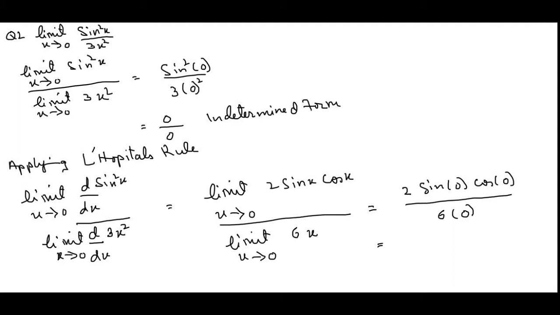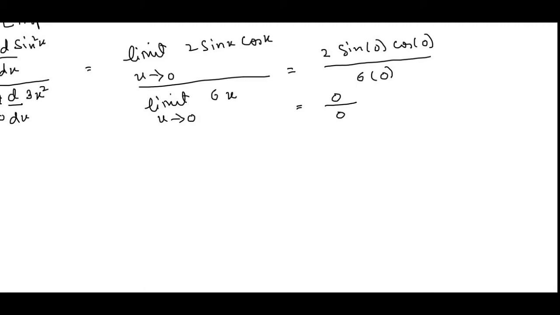So the value of sin 0 is 0 and cos 0 is 1, but anything multiplied by 0 is 0, and 6 multiplied by 0 is 0. So again it is indeterminate form, and we are going to apply the L'Hopital rule again. Since it is again 0 over 0 form, we will apply L'Hopital rule again.